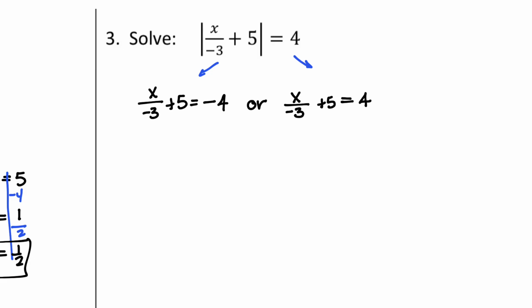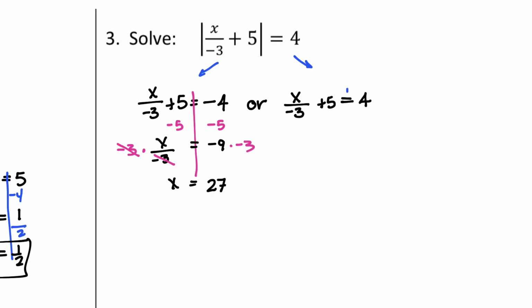Okay, so now we're going to solve this side. Minus 5 minus 5, we get x over negative 3 is equal to negative 9, times by negative 3. So these cancel, and we get x equals positive 27.